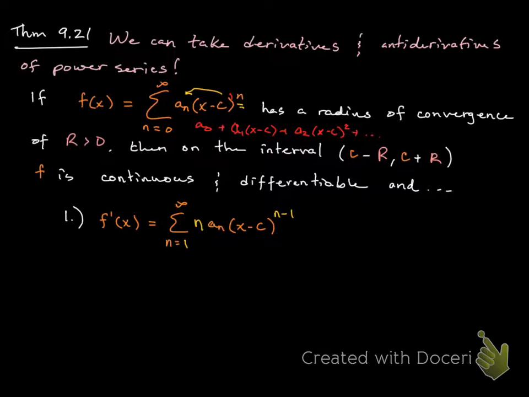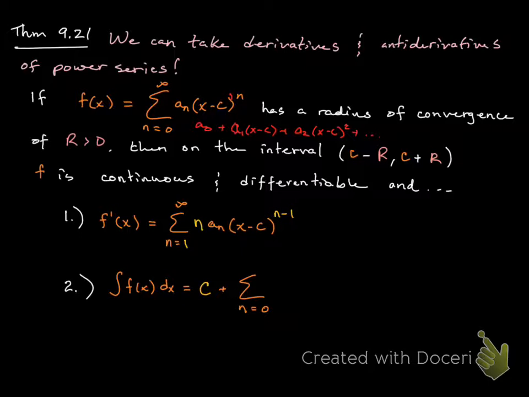Very similar, I can take an antiderivative, and it's just as follows. The integral of f of x dx. What we need for an antiderivative is, of course, a constant of integration. Let's get that out of the way. We have a C plus. I'm going to add a constant when I take an antiderivative, right? Plus, I still have my series. Again, I don't switch from 0 to 1 in this case, right?